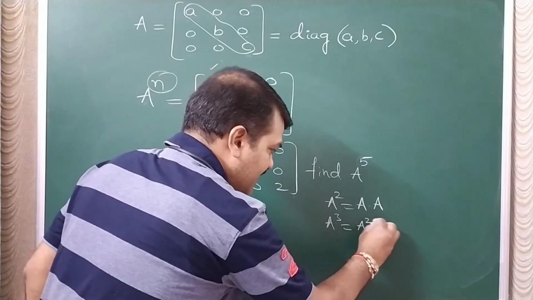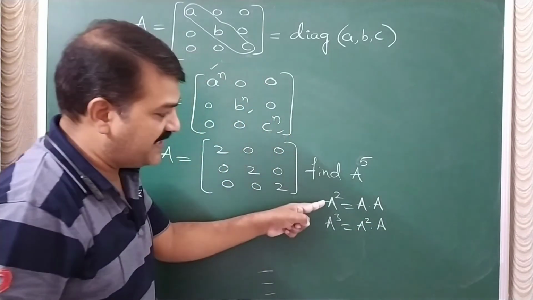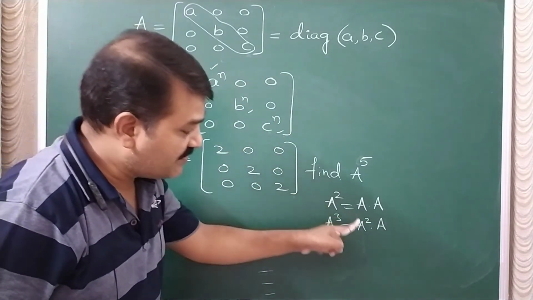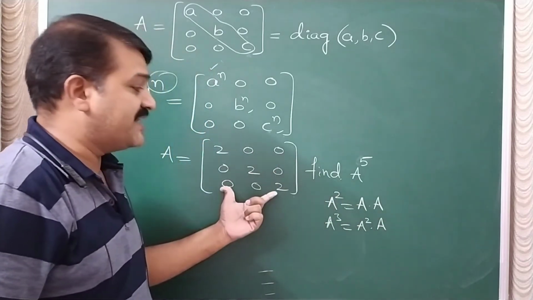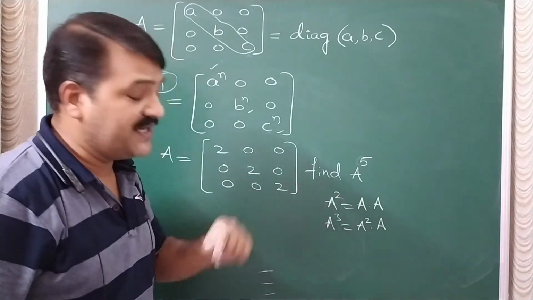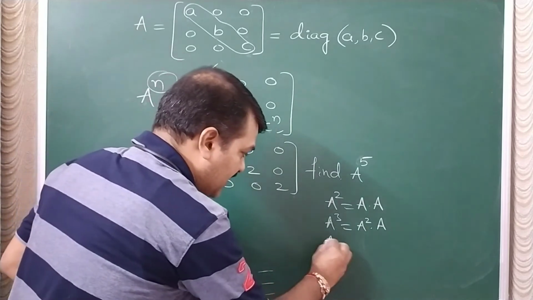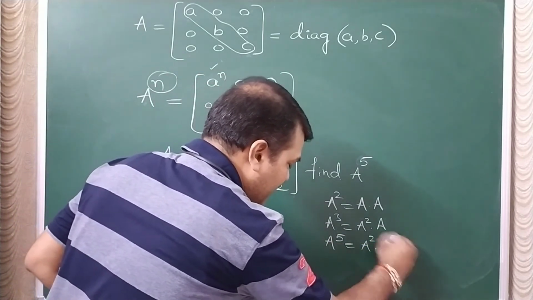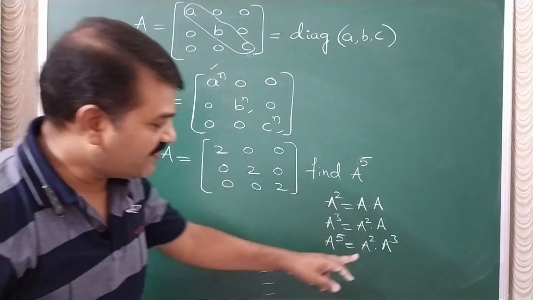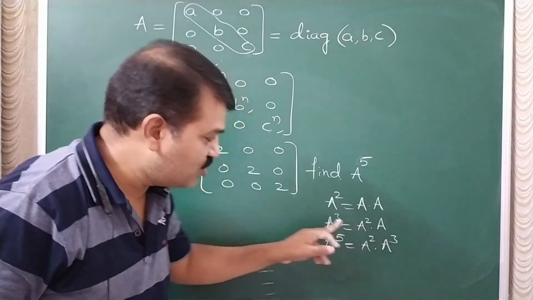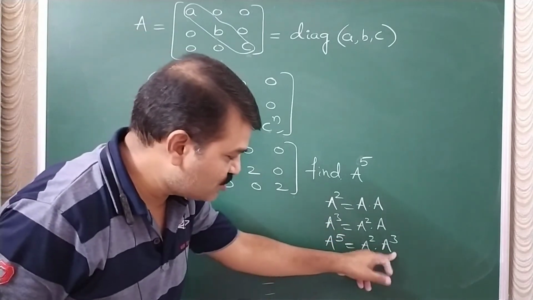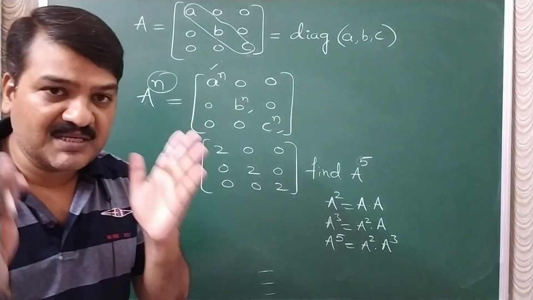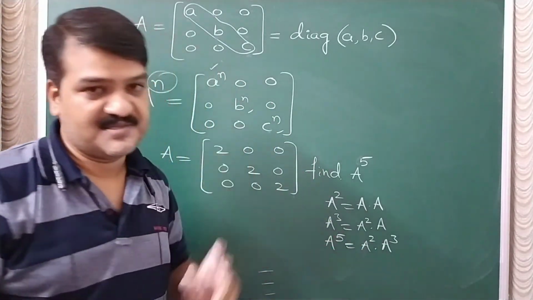A cube means A square into A. Already you found A square here. That A square must be multiplied with this matrix A. Then you will get A cube. After that you have to take A power 5 as A square into A cube. So we found A square here, we found A cube here. Multiply these two, then you will get A power 5. This is the normal simplification process.